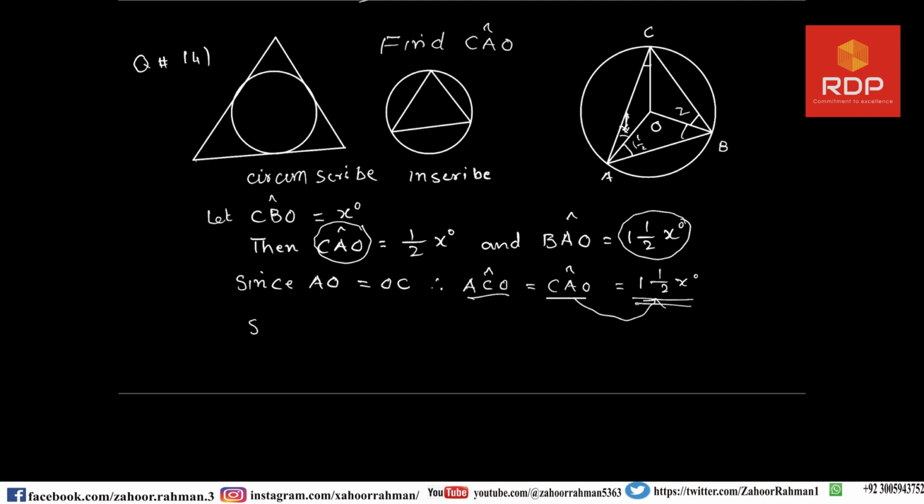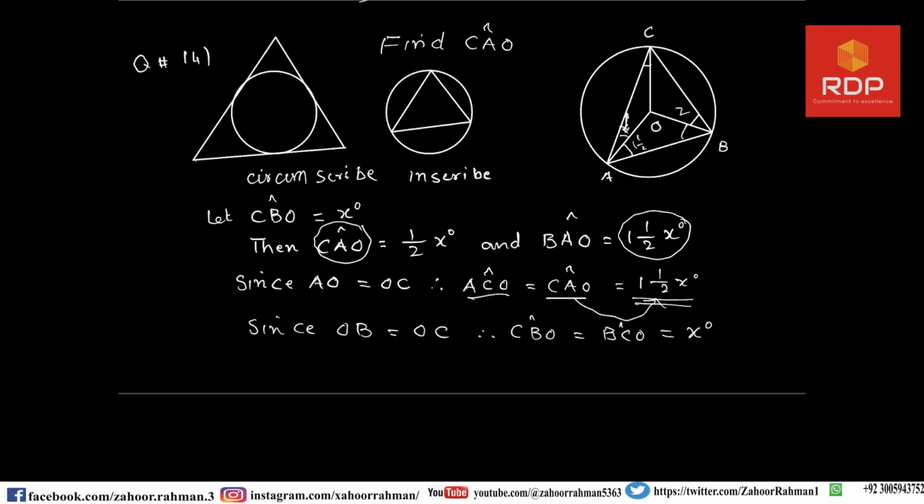Another piece of information they gave us is, since OB is equal to OC, therefore CBO is equal to BCO, and that is equal to x degree.